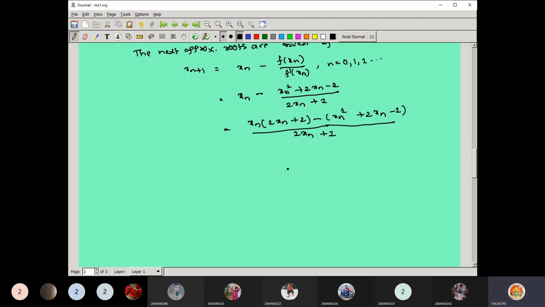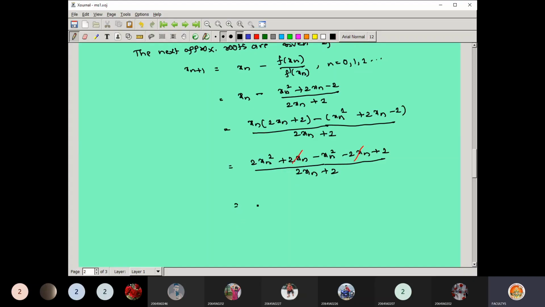So that you are getting this value, it is equal to 2xn square plus 2xn minus xn square minus 2xn plus 2. Total it is divided by 2xn plus 2. There are certain cancellations, plus 2xn minus 2xn is over.